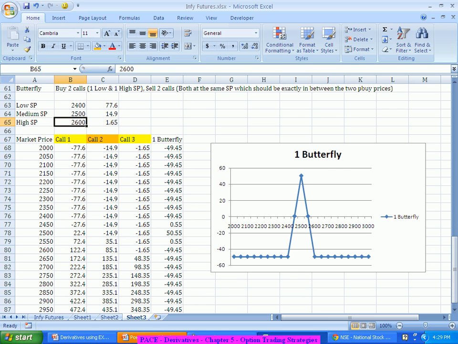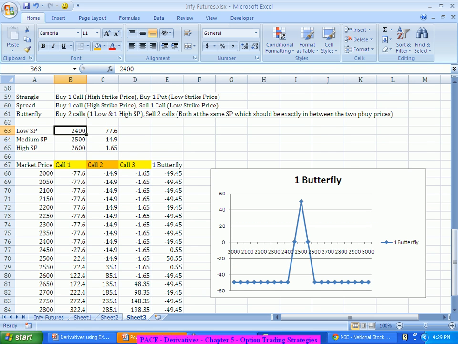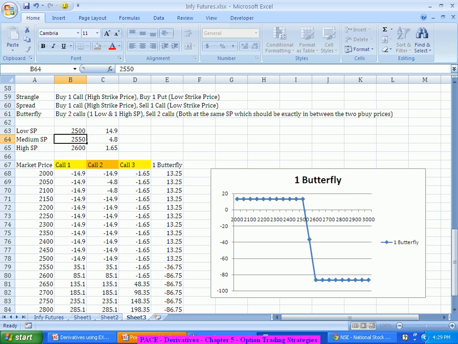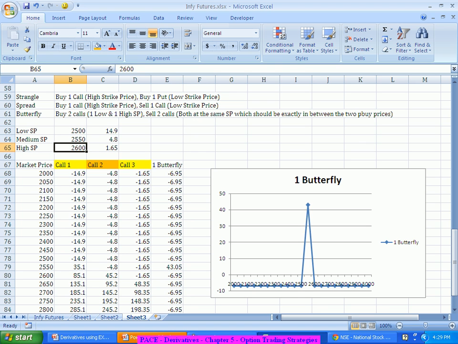Whereas in this case, 2550, much more encouraging. Right? If I gain, I'll still get the same 43 or so. But if I lose, I'm losing only 7. A very highly encouraging sign. So there are two butterflies: one with 242526, and one with 2550 and 26.